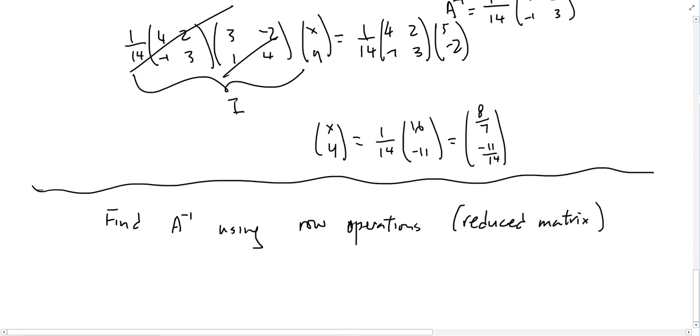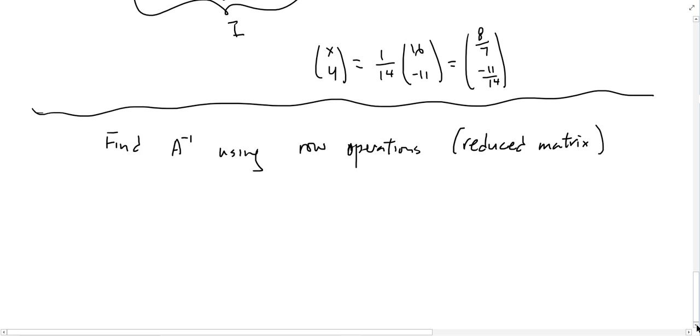So how does it work? The way of using row operations to find the inverse is the following. This method would work for a 2 by 2 matrix also, so it's also important to know. But obviously for 2 by 2, you won't use this. You would just use the formula because it's a lot easier to do.